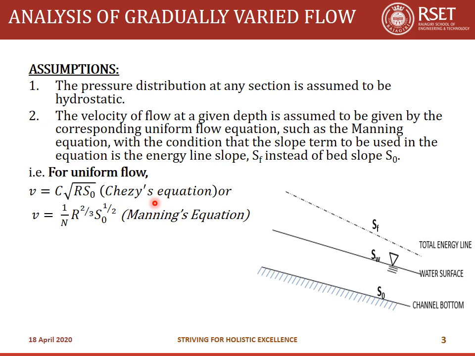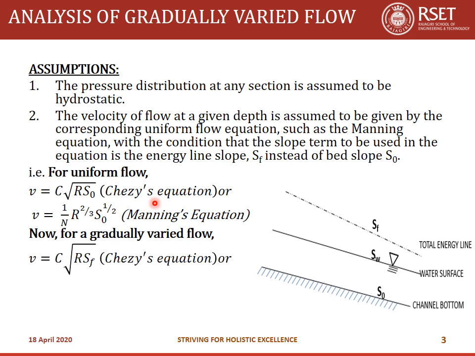Now you can apply the same equation for gradually varied flow as well. However, with a slight change. For gradually varied flow, we will use velocity is equal to C root of R SF. So instead of S0, which was the uniform flow equation, we will use SF, which is the slope of the total energy line.